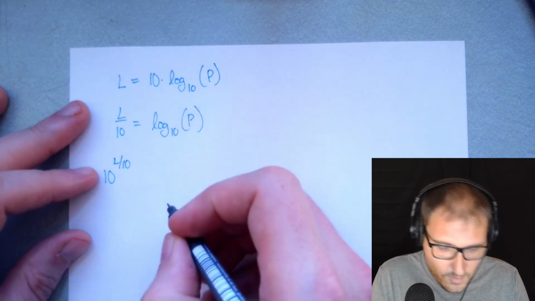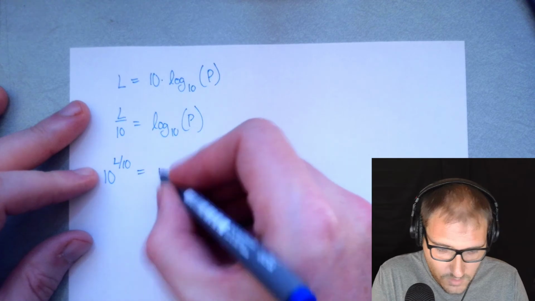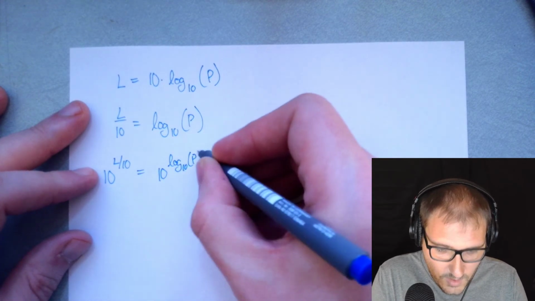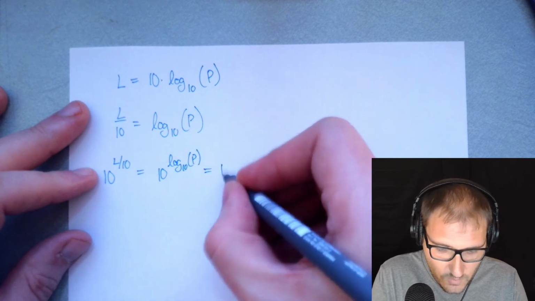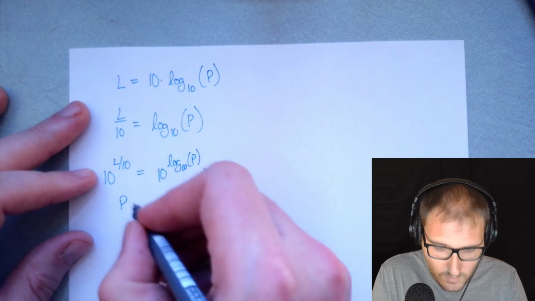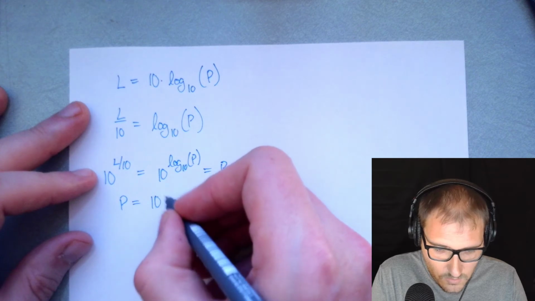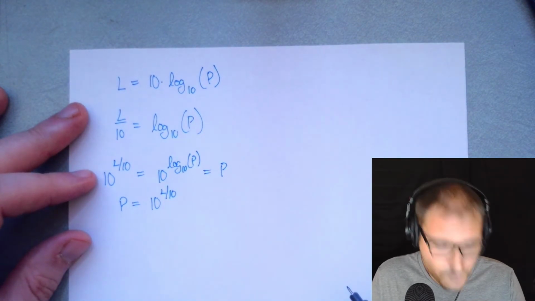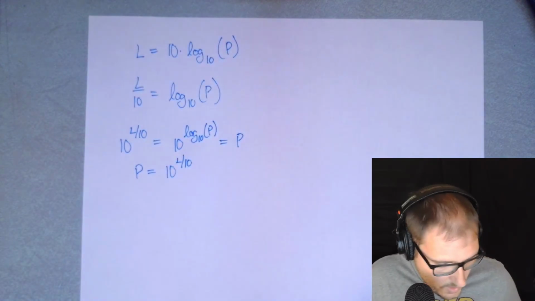So 10 to the L over 10 is equal to 10 to the log base 10 of P, which is just equal to P. So when you're solving for P, you would just do 10 to the L over 10. That's one thing that happens a lot.